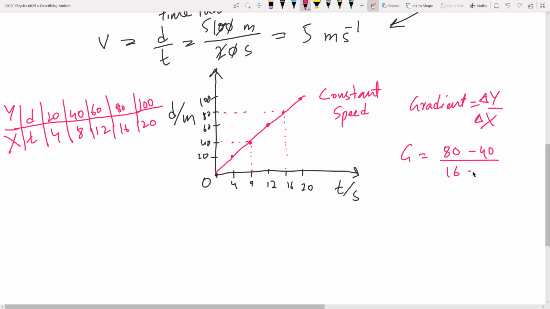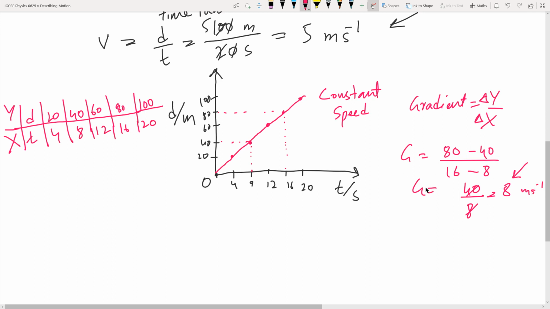16 minus 8. So it turns out to be 40 divided by 8, which is 5, right? Then this is the gradient, 5 over here, and since we have distance over time, it is actually 5 meters per second, right?